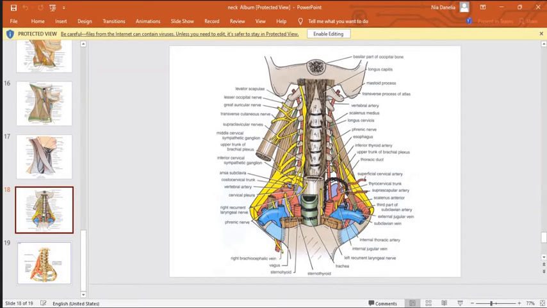Also, from the first part of the artery arises thyrocervical trunk, which gives off three branches. It gives off inferior thyroid artery, superficial cervical artery, and suprascapular artery.